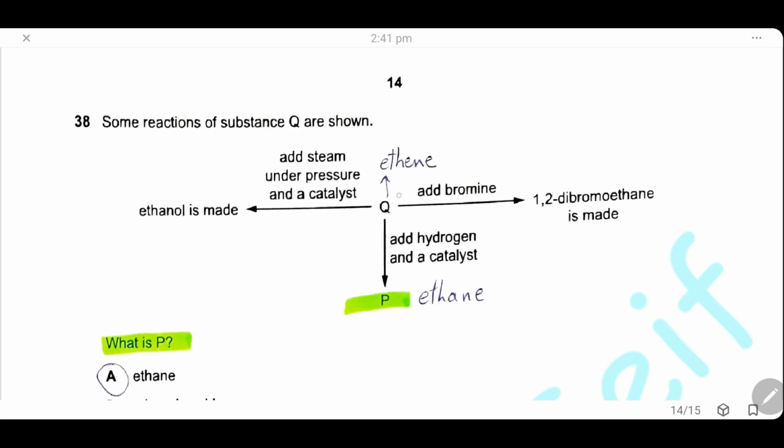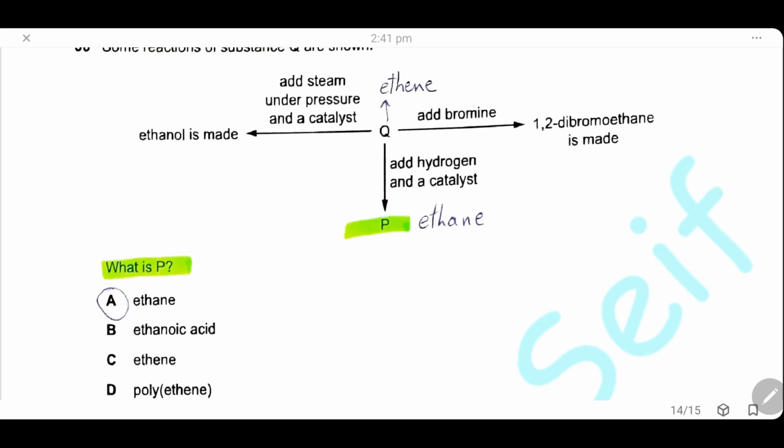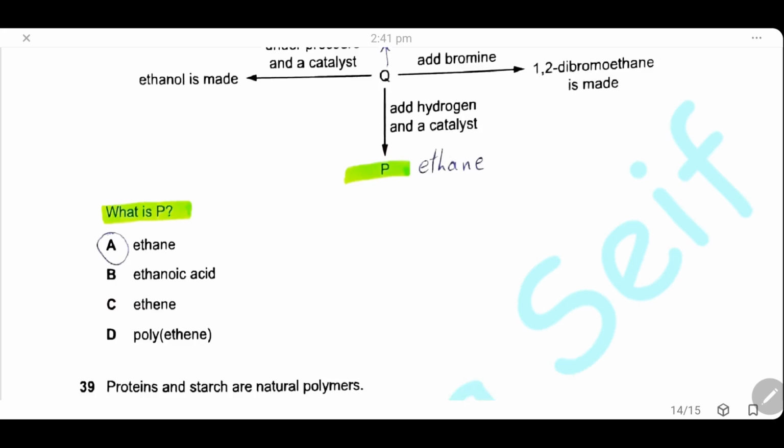So Q is ethene. Then hydrogenation, adding hydrogen with a catalyst to ethene, substance B is formed, and B is ethane. So what is B? B is ethane. The answer is A.